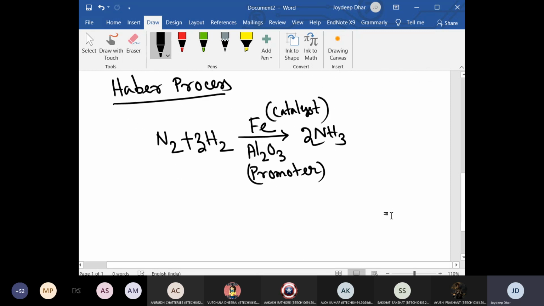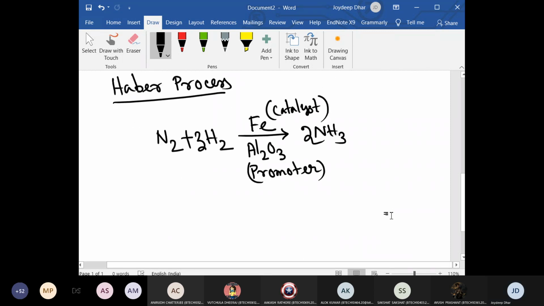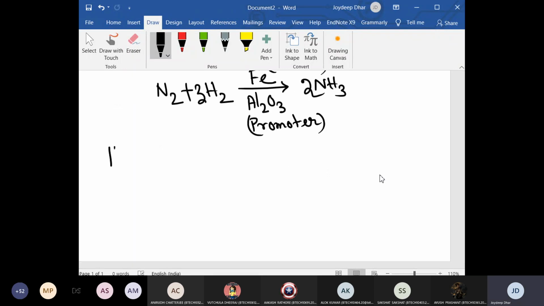So how does a catalyst work? Normally there are two different types of catalyst. First, one is homogeneous catalyst, or the catalysis process is known as homogeneous.